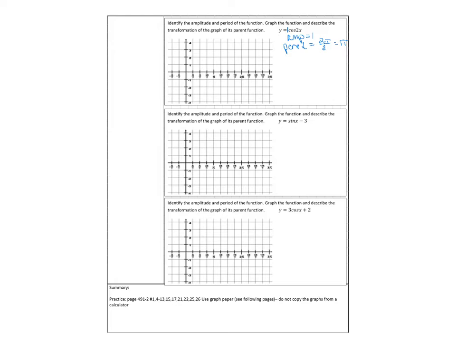So that's how long one cycle is going to be. We're going to end our cycle at pi instead of 2 pi. Then we think about the vertical shift, and there is no vertical shift here because there's no number added or subtracted to the end of our equation.